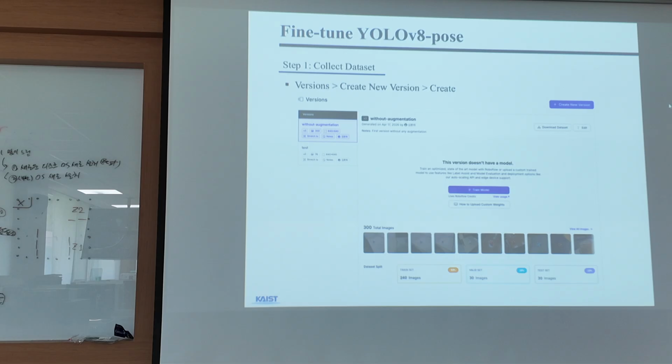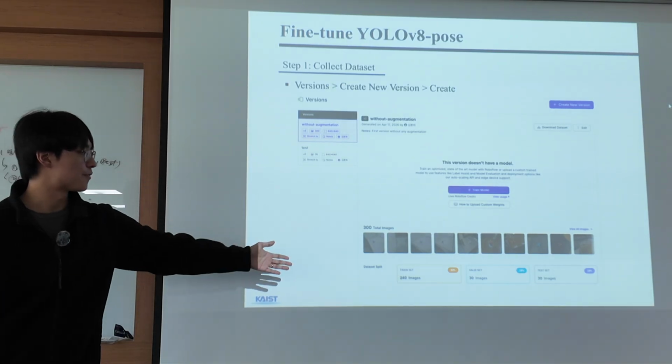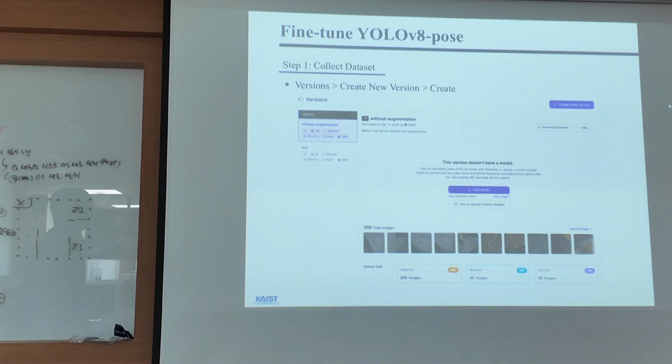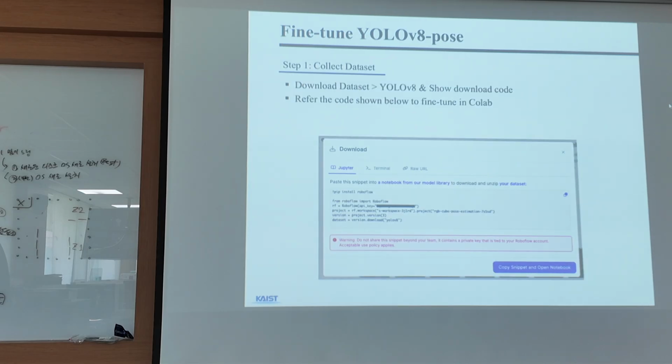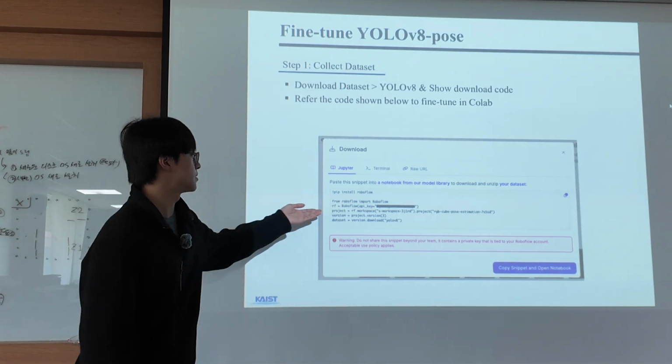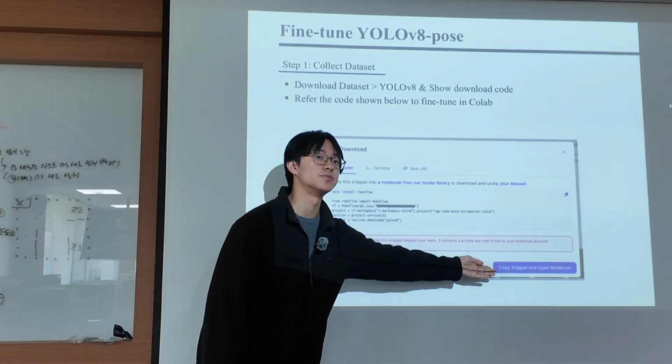After labeling the data, you can make the dataset format, splitting it into train, validation, and test sets. Then download the dataset in YOLO V8 format and show the download code. You can see the download code, and also copy snippet and open notebook.